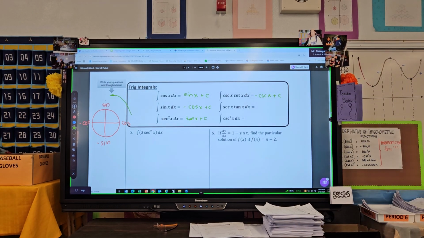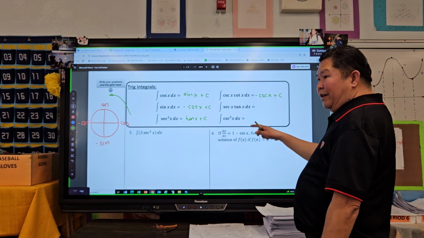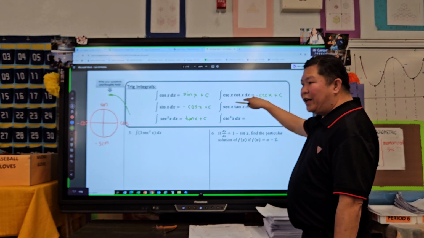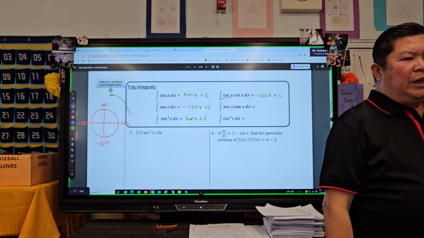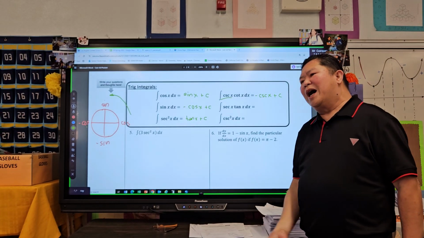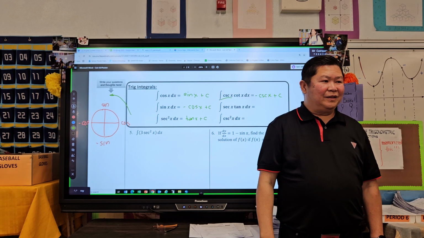Once you encounter cosecant x times cotangent x, just focus on the first product, but make that negative. That's how I memorized it back in the days in my engineering class.